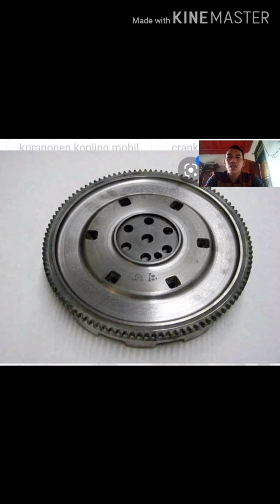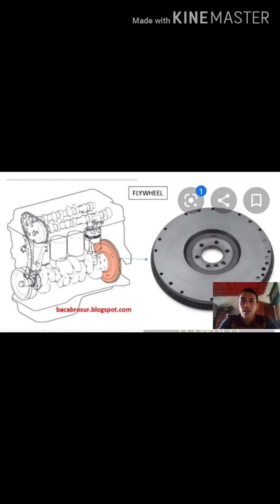Due to this inertia, the flywheel can store mechanical energy for a short period of time. The flywheel is located between the engine and transmission, right in front of the clutch chain.